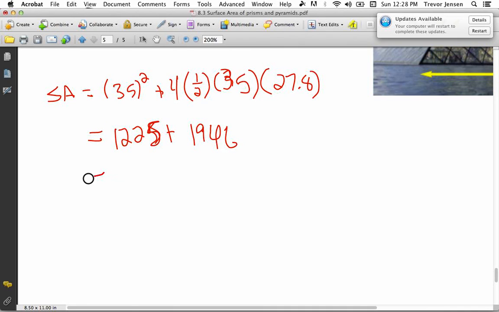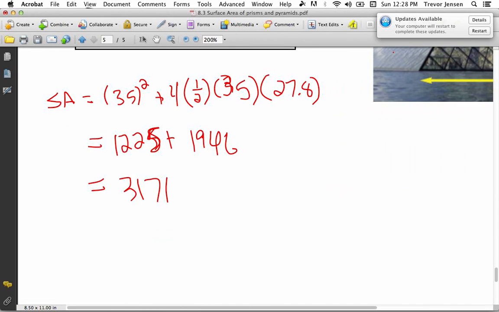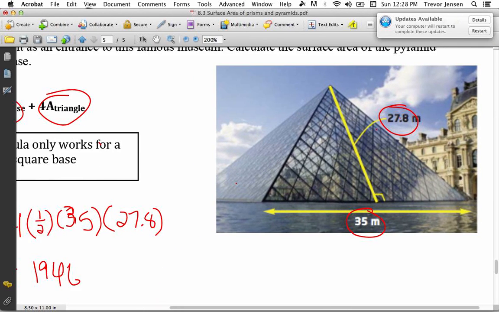Add these two together. I'm following the correct order of operations; I did my multiplications before I did the adding. So add 1225 to the 1946 I had, and I get 3,171. And what units am I in? I'm in meters, and it'll be meters squared, because I'm working with area. So that's the surface area of that square-based pyramid.